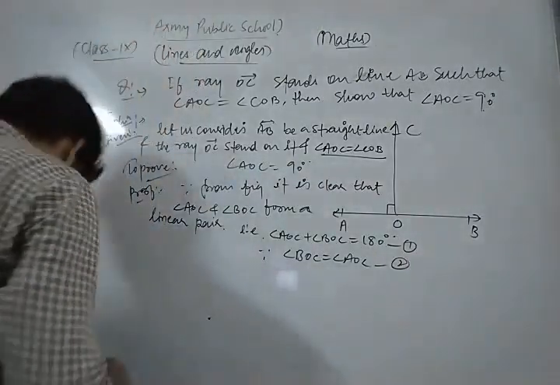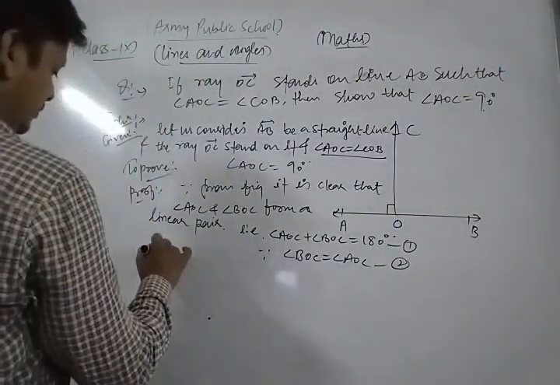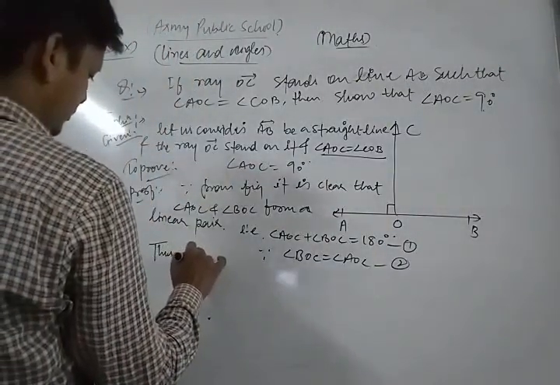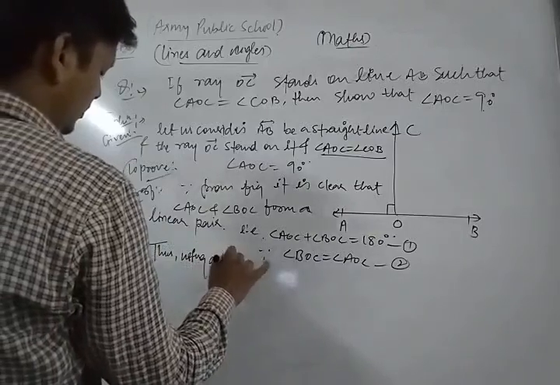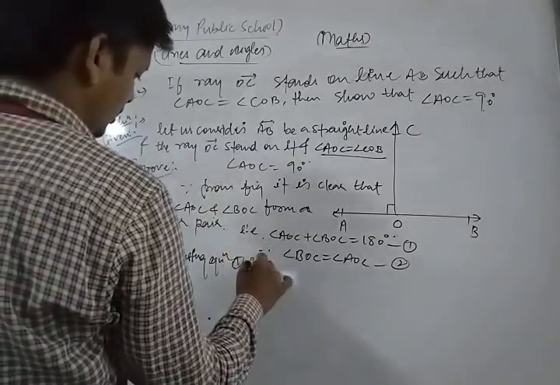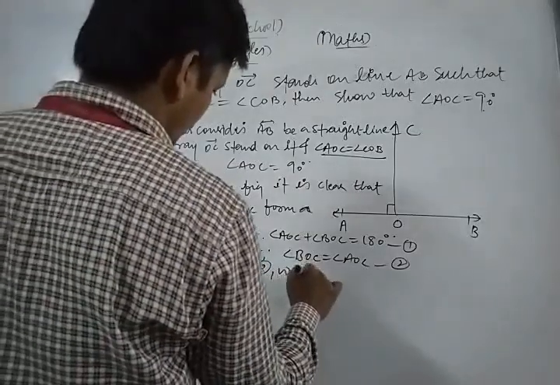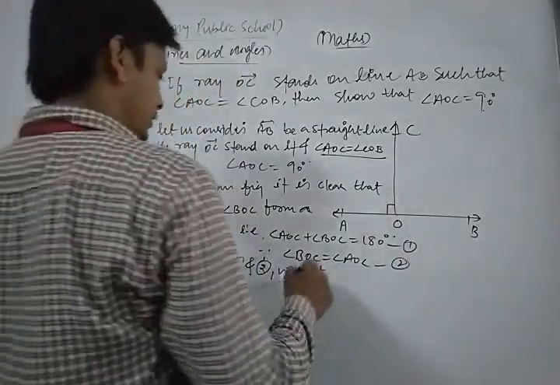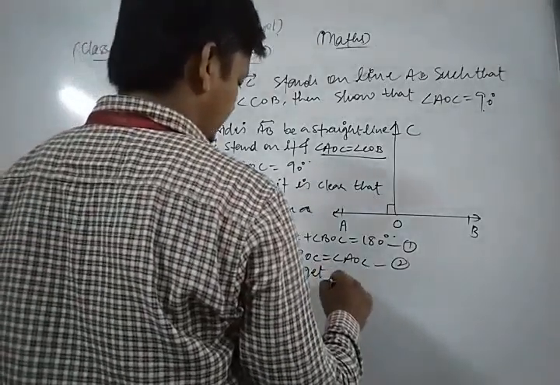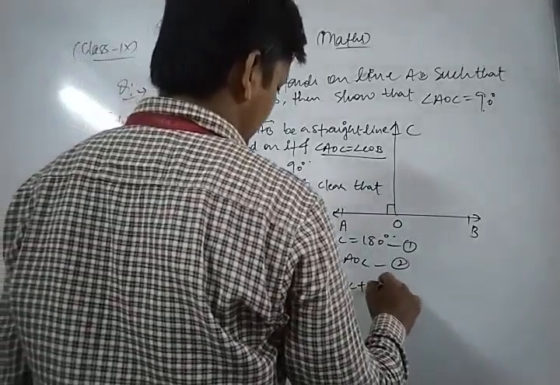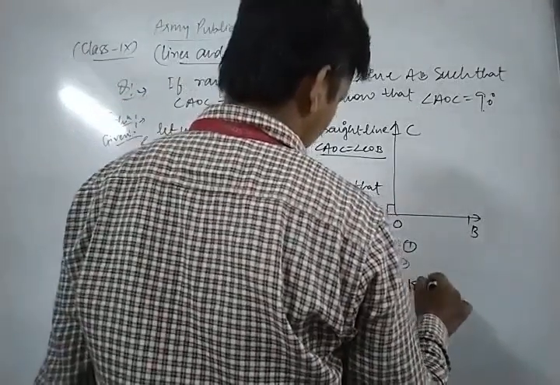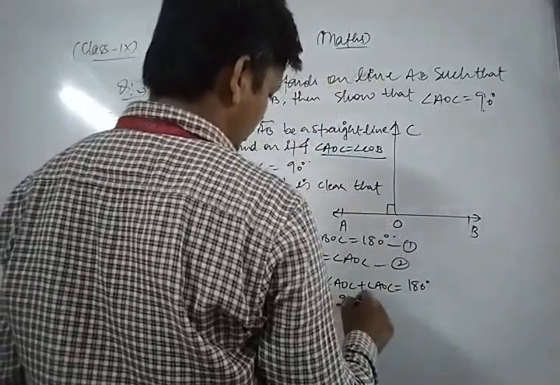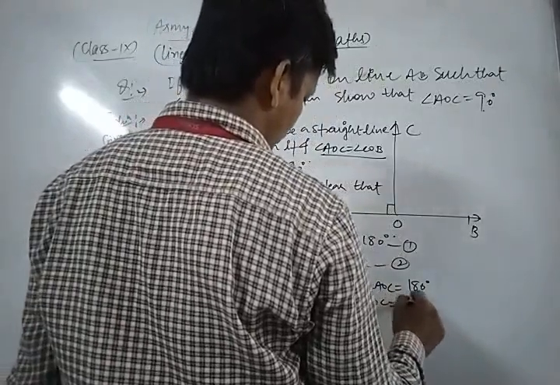Thus, using equations 1 and 2, we get angle AOC plus angle AOC is equal to 180. So 2 times angle AOC is equal to 180.